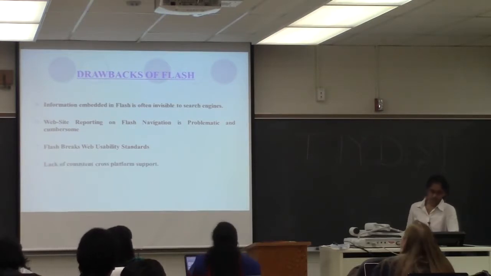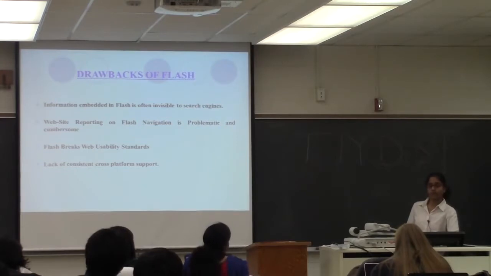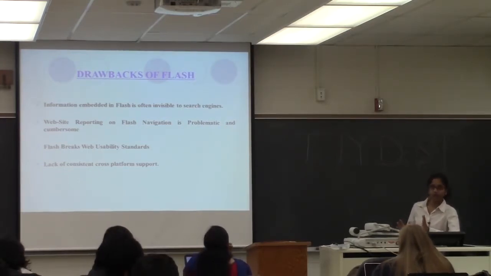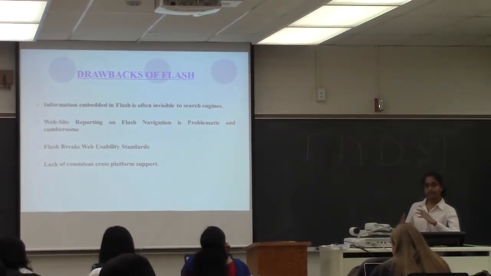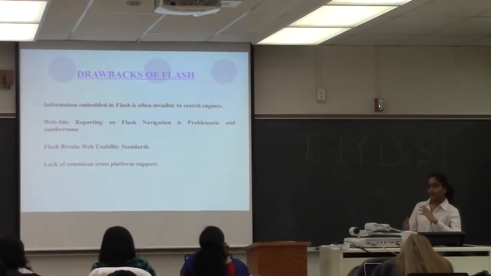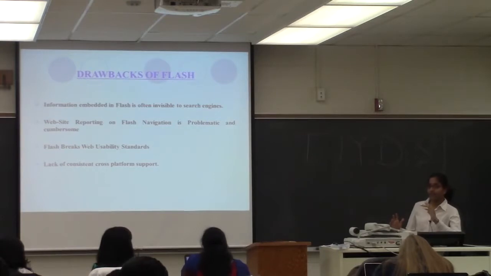Next, coming to the lack of consistent cross-platform support. Basically, whenever we are developing any web page or any programming language, it is mainly focused on platform independence. For example, C language is not platform independent. So it developed, and now the latest technology we are using is Java, which is platform independent.